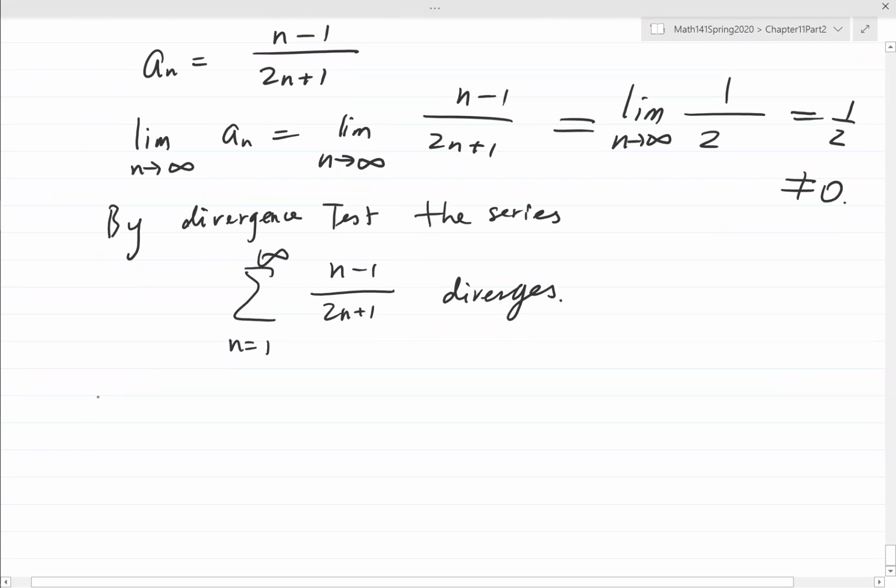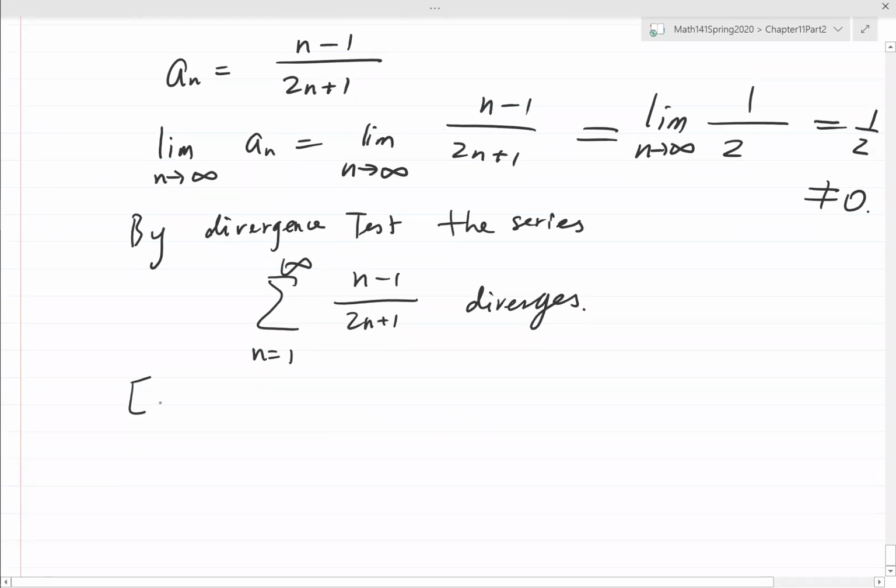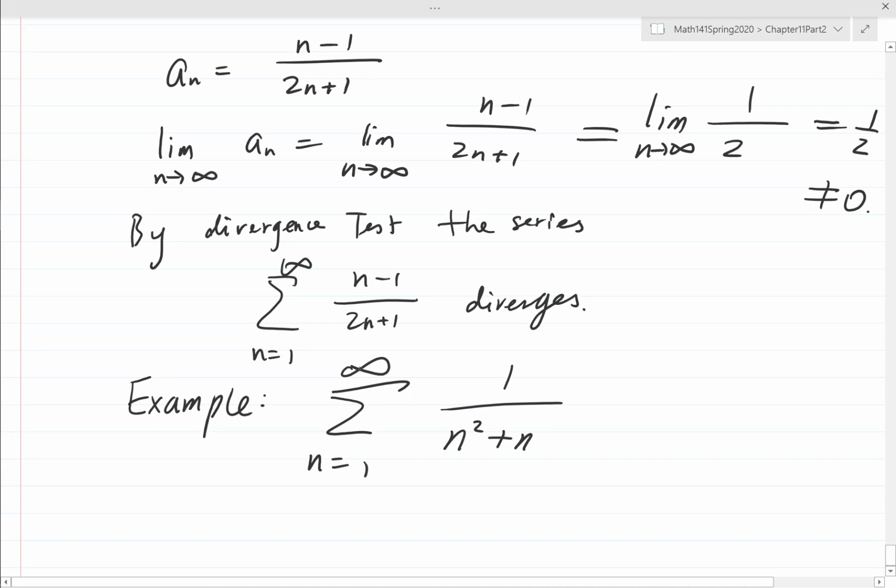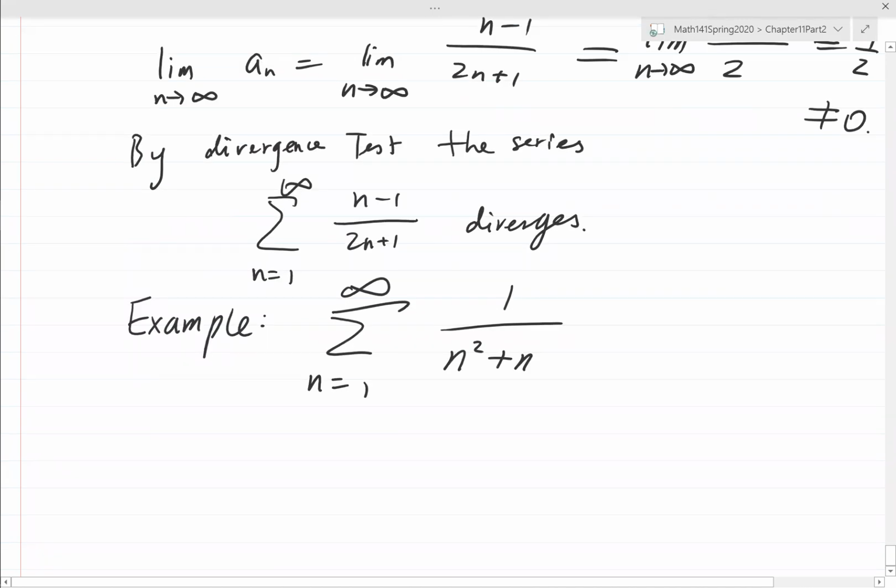Example. The sum of 1 over n squared plus n from n equals 1 to infinity. You see the denominator n squared plus n is degree 2, so what we compare with is 1 over n squared.